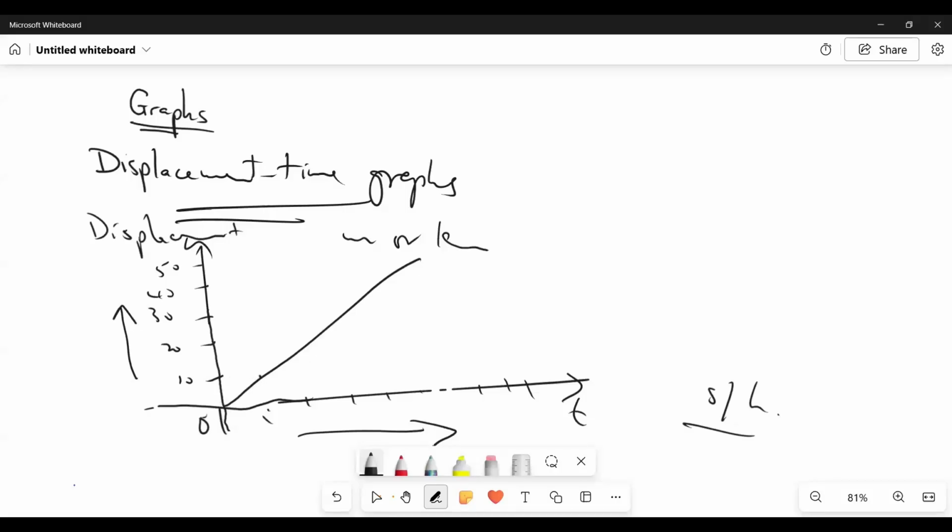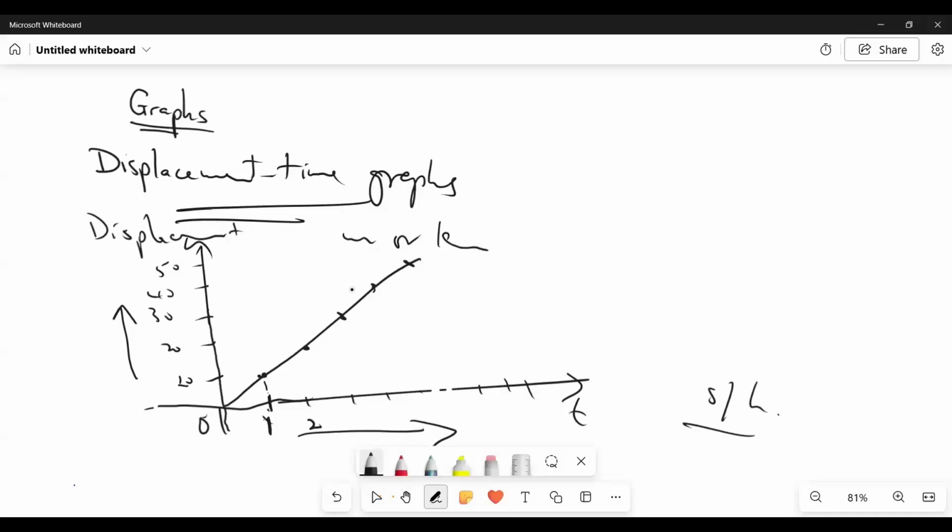So let's say here, right? Person is 10 meters away from the reference point. Here it's 20. Here it's 30. Here it's 40. Here it's 50. The reason why it has to be like this is because you're plotting time, right? You want to say at, let me say 1 second, it's 10 meters away. 2 seconds, 20 meters away, right?